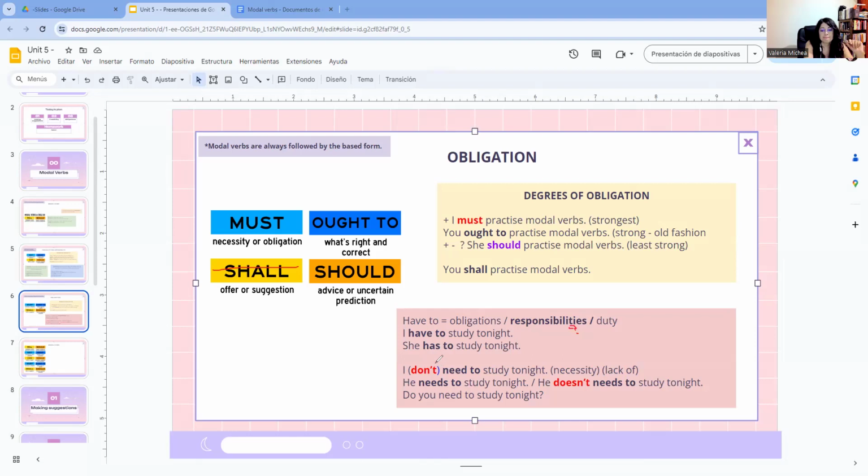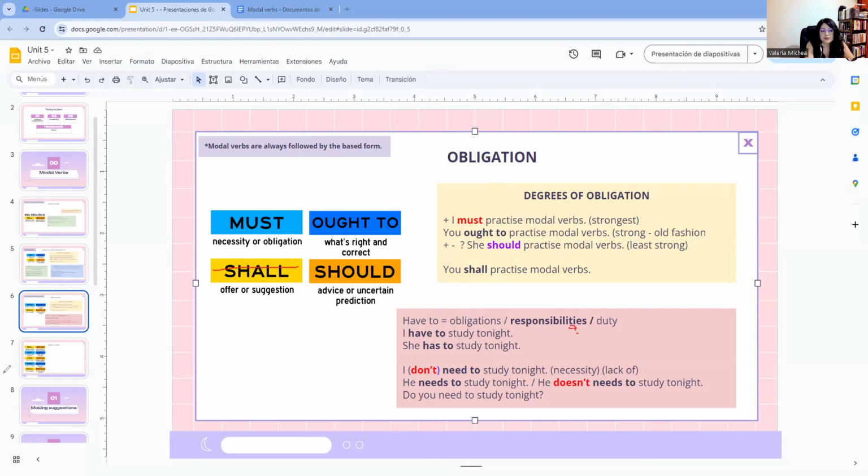But it's very weak compared to must and should. Must is a strong obligation and should is a strong obligation. So have to, it's like, I know I have to do it, but it's not quite strong. That would be the difference between those.